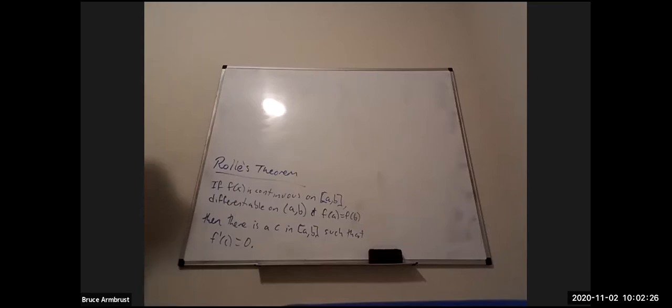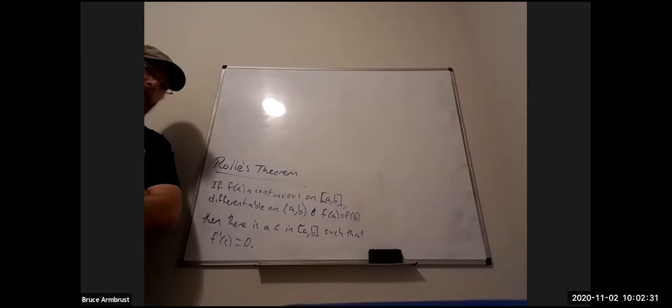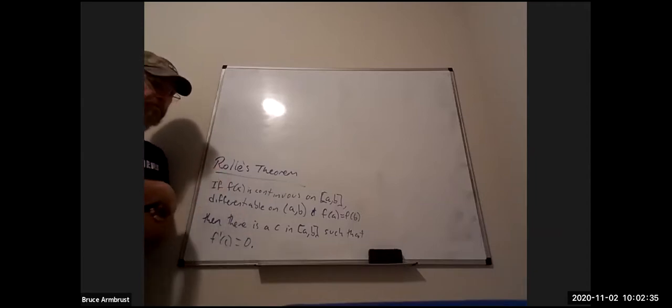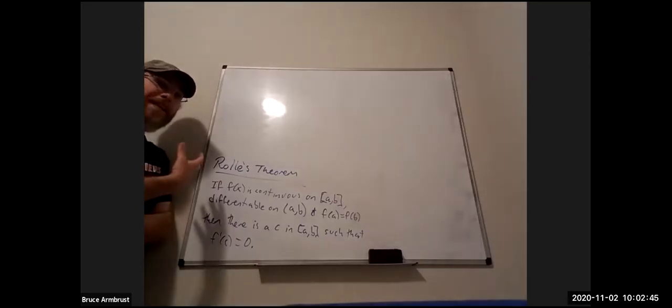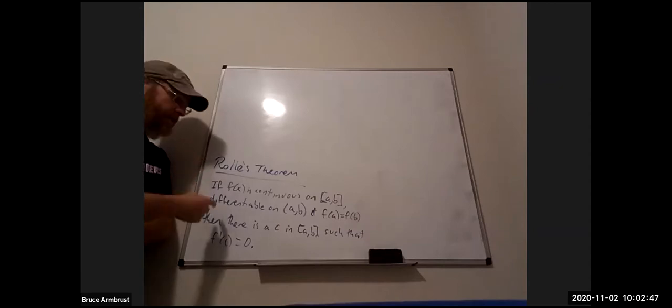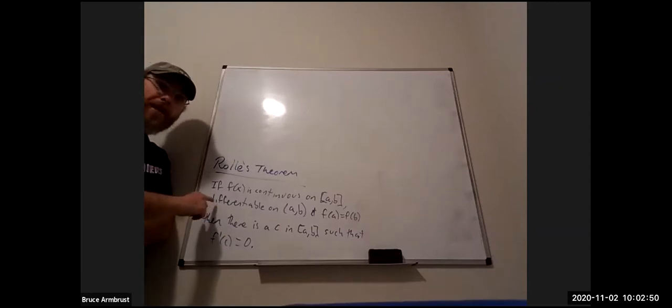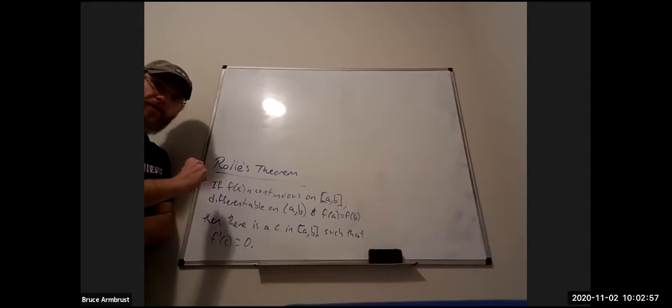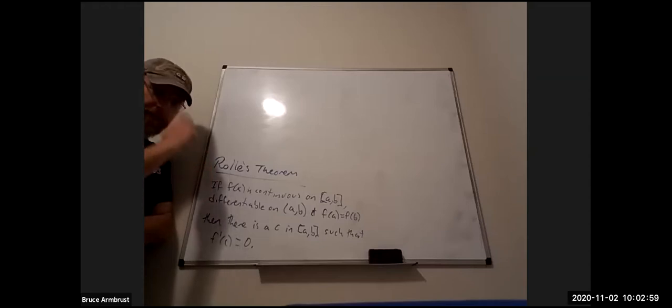So f of x is continuous on AB. Okay, we know what that means. No big deal. The same kind of condition we had on the extreme value theorem. But now we also need the function to be differentiable on AB. We didn't have that condition for the extreme value theorem, but now it means no kinks, no vertical tangent lines, nothing like that. It's just a nice smooth curve the entire way.